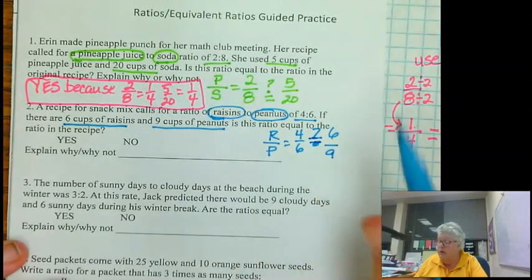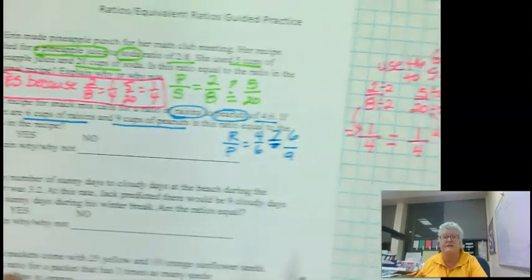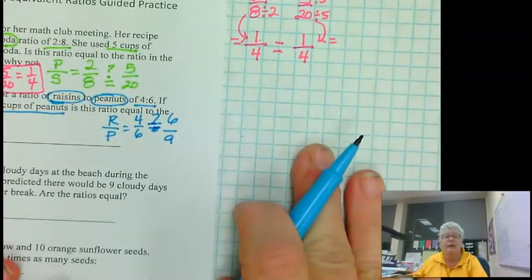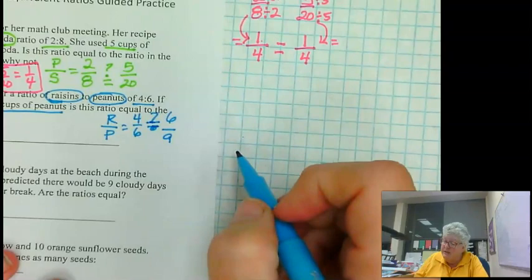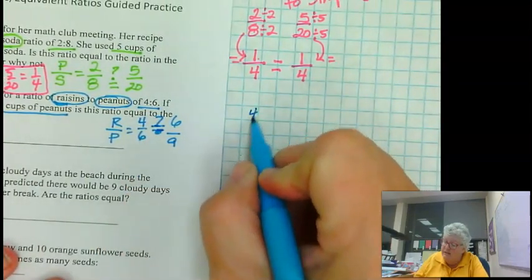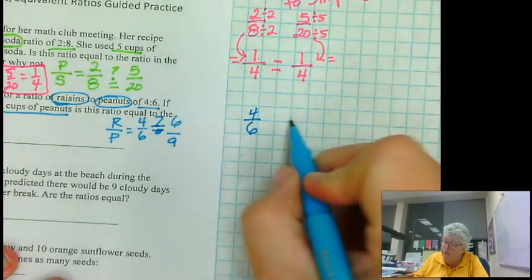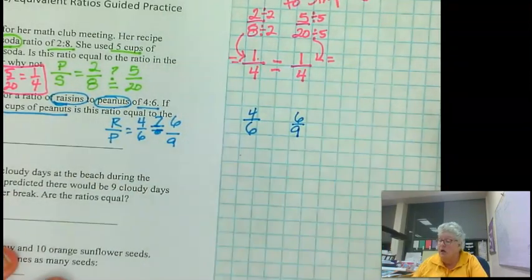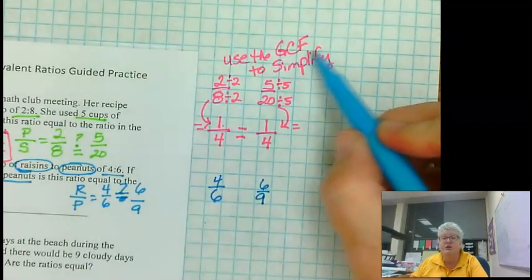We don't know. So, slide over here again to my amazing graph paper. So let's look at this. We've got 4 to 6, and we've got 6 to 9. Now, up here we used GCF.